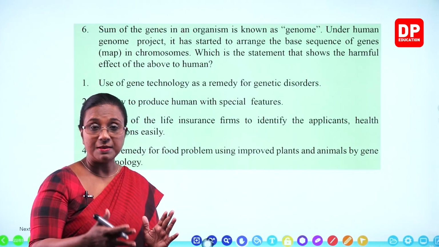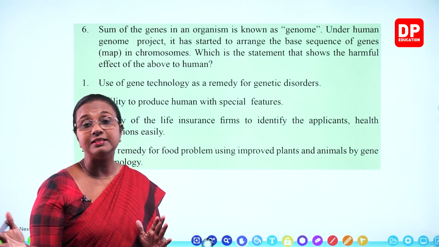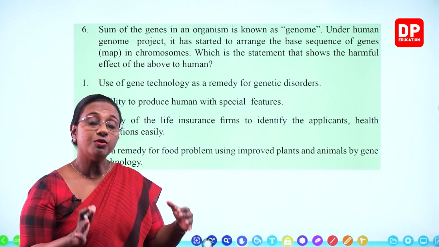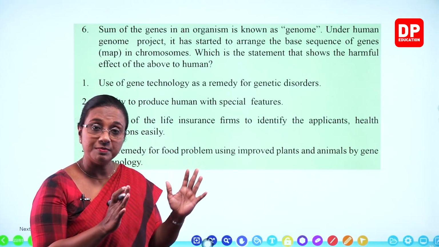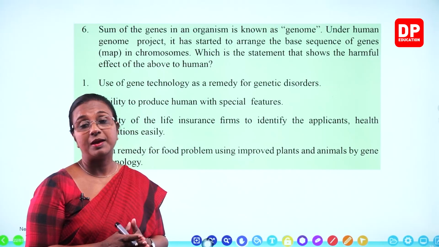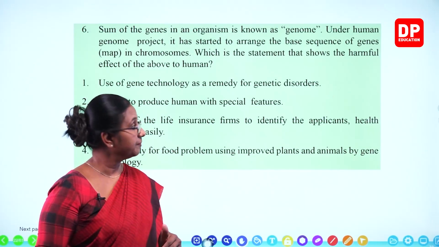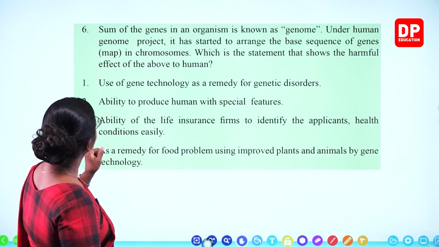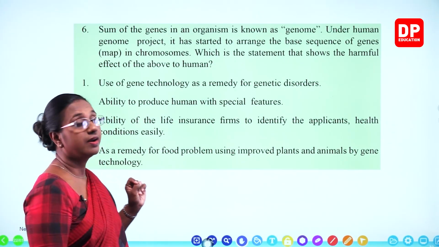Like that, mapping is done for all the 23 pairs. So once the project is complete, they will know all the genes, all the base pairs present in all the genes of all the 23 pairs of chromosomes of man. So that is what we call arranging the base sequence of genes. That is mapping of genes.